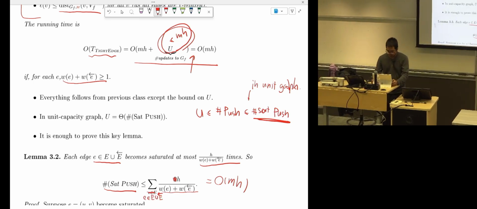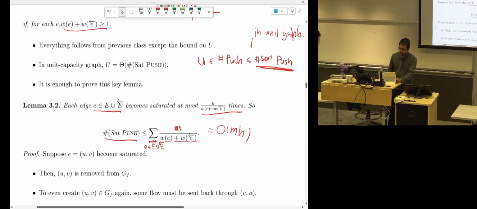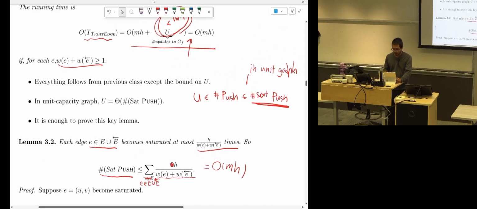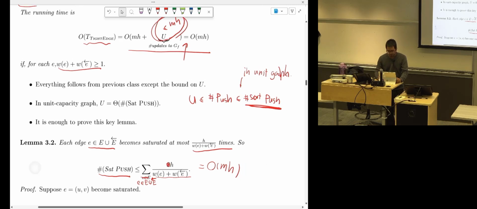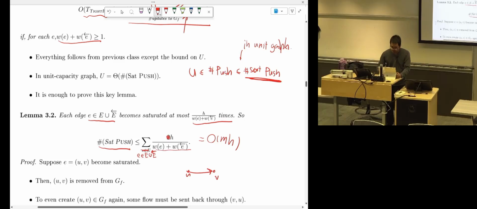So now, why is this the case? Well, it's basically a similar proof to what we saw before. Suppose that UV here is saturated. If it's saturated, then it's removed from GF, right?